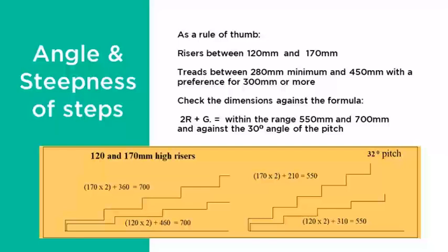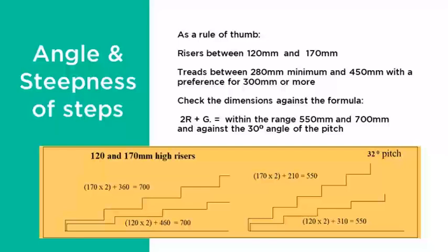The tried and tested assumption behind this formula is that it requires twice the effort to step up by a given distance as it does to step forward. For example, if you decrease the rise by 20 mm and increase the tread by 40 mm, you would still have a flight of steps which took the same amount of physical effort to climb.